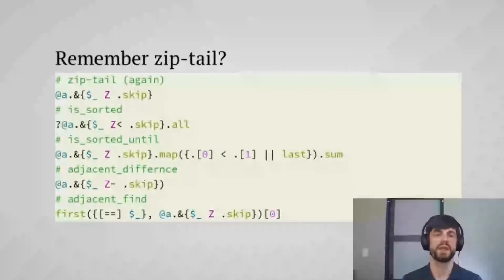And then that will give us that pair as the first. The return value from the first function will be the first pair that satisfies that predicate. But adjacent find is just interested in the actual first value. So to match that API, we then index into the pair and take its first item from the pair.